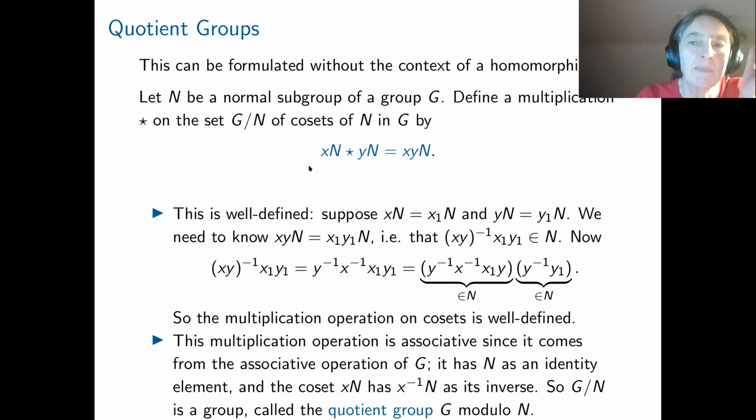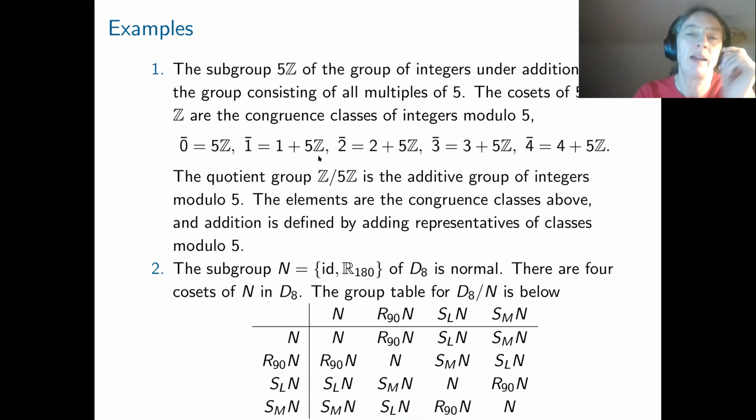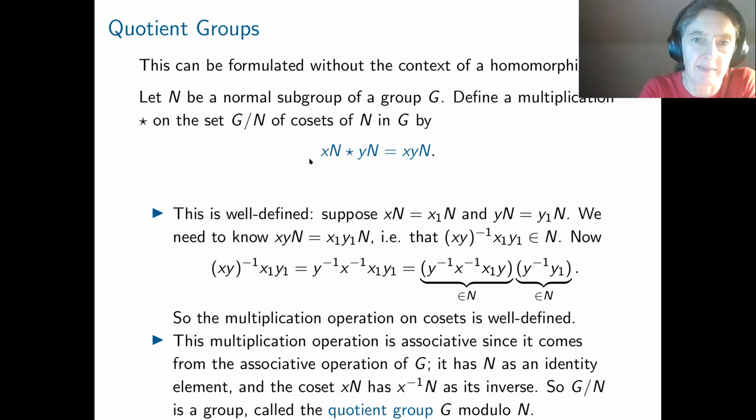The thing to focus on is that we're taking a pair of cosets. They look like xN and yN for some x and some y. Important to note that the coset xN could also be written as x'N, where x' is another element of it. It doesn't necessarily depend on this particular element x. So we take a particular pair of cosets, write the first one as xN, so you're choosing a representative x of that coset.